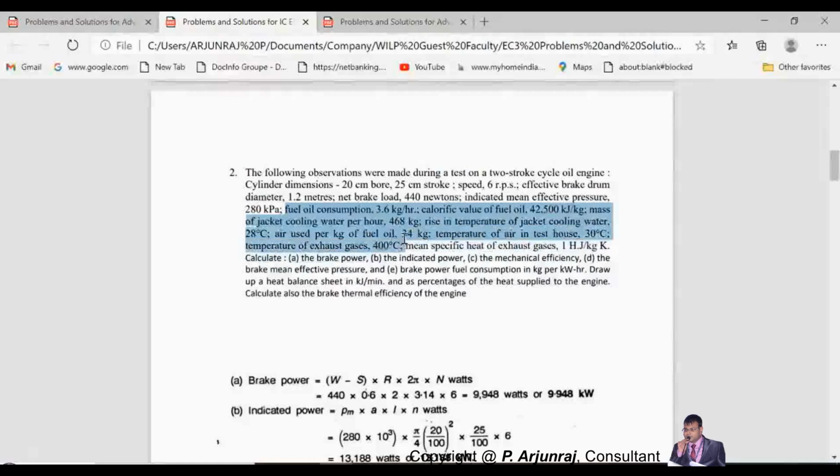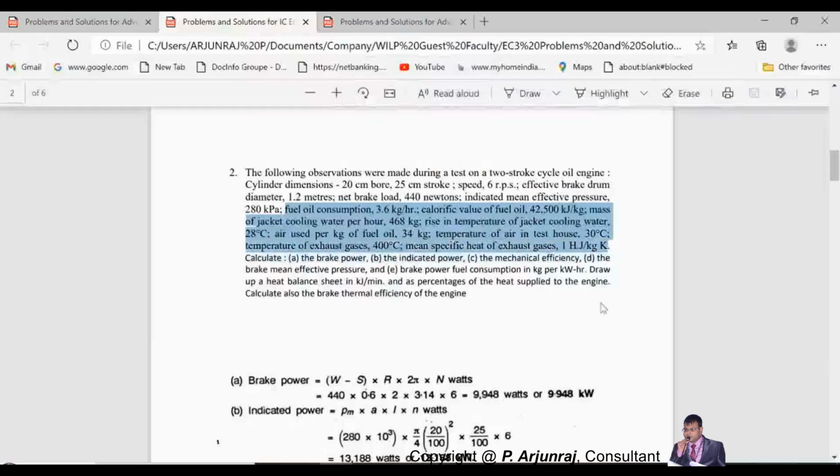So you need to subtract 400 minus 30 to get the delta T of the exhaust gas. They also gave the mean specific heat of exhaust gas as 1. In the last problem we assumed 1.05, and here they gave us 1. Similarly, the specific heat of water is 4.2, which you need to assume.